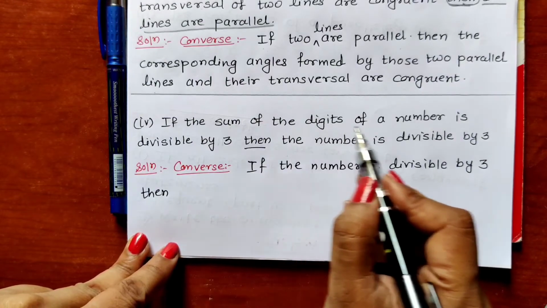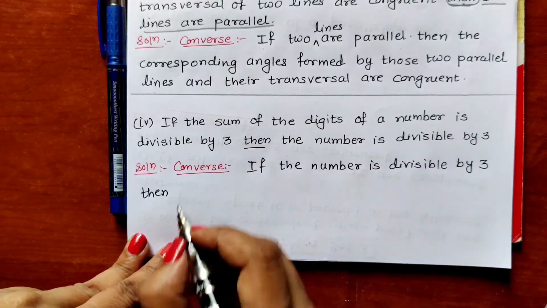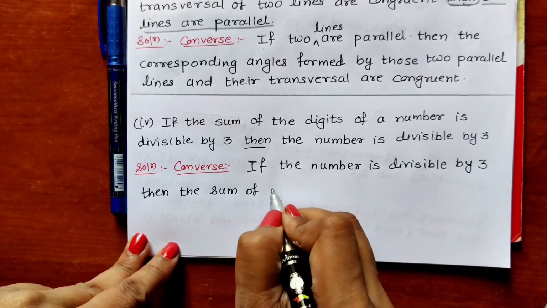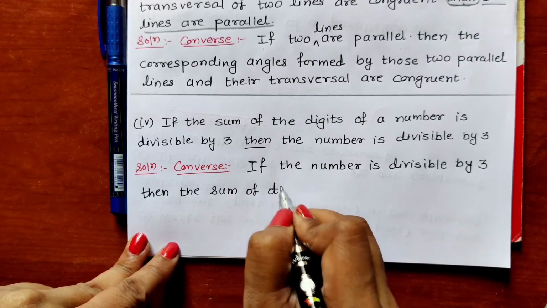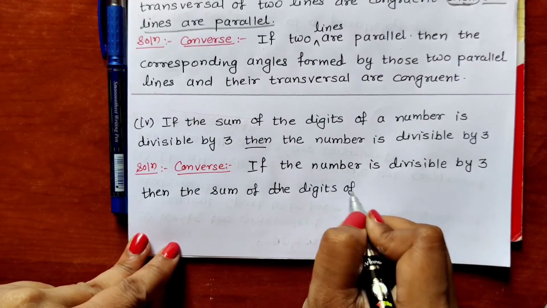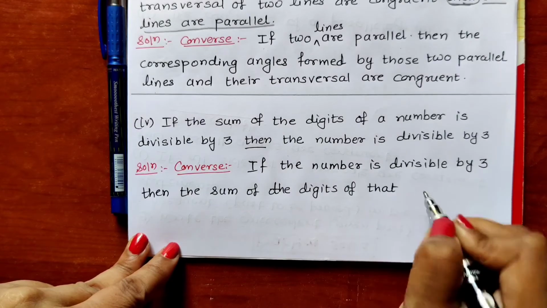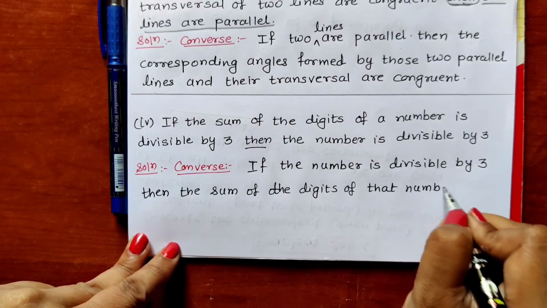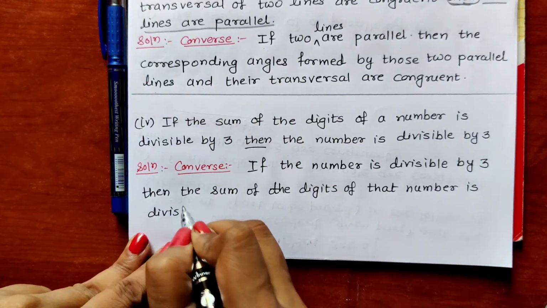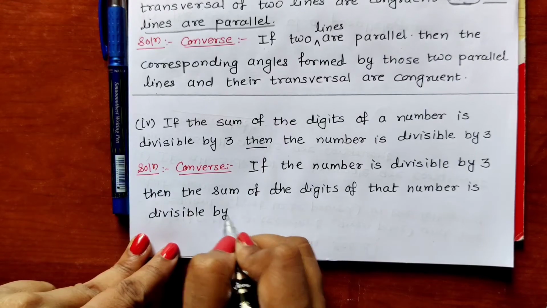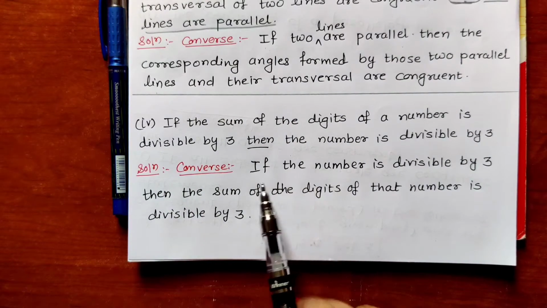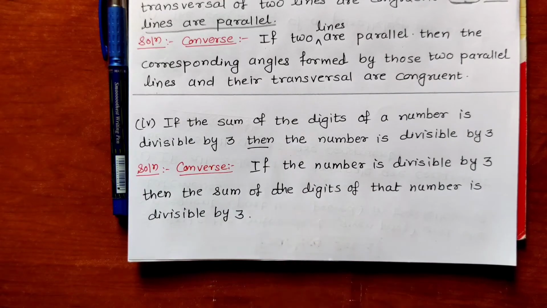If the sum of the digits of a number is divisible by 3, then the sum of the digits of that number is divisible by 3. So in this way, by interchanging, we can write the converse of given statement.